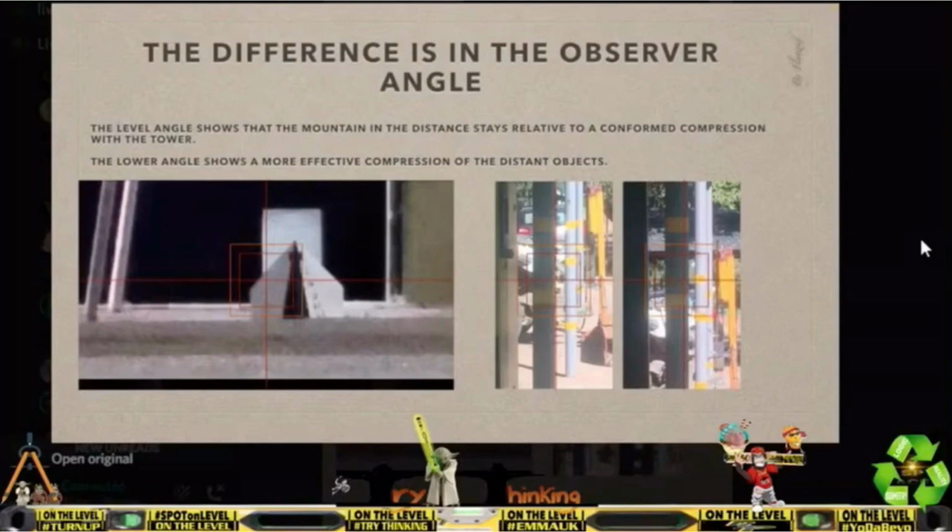If you can see the lines, how it's compressed and has an optical drop on the right just because the viewing angle is you're looking up, whereas on the left you're looking straight out as in his demonstration, and thus it has what you would expect to see if you've done the trigonometry on a flat surface, because that's literally like you're just looking at it at a single angle.